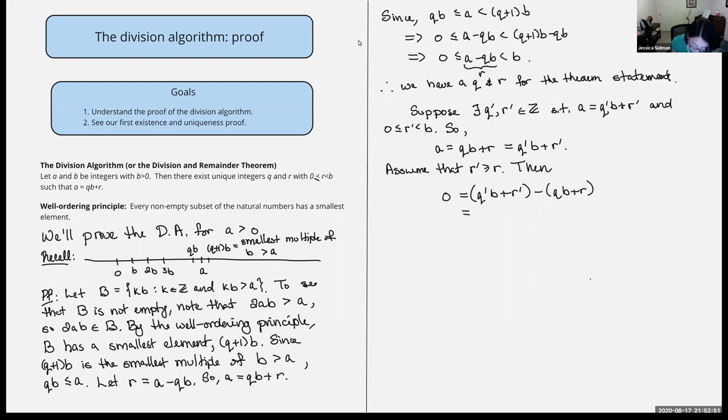I'm going to say, well, really this is saying that I have Q prime minus QB plus R prime minus R over here.